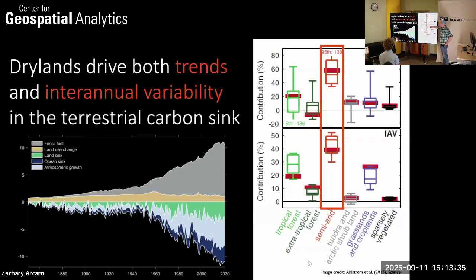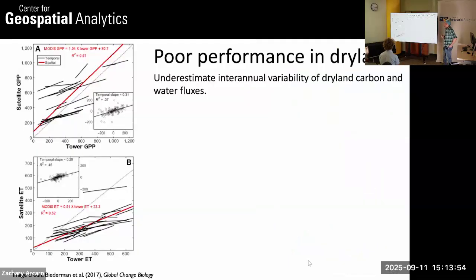About 40% of the interannual variability of the carbon sink on land is attributable specifically to drylands. So drylands play an extremely important role in governing our carbon cycle and governing the trends in that carbon cycle. So those are some of the reasons why I think drylands are particularly interesting and important.